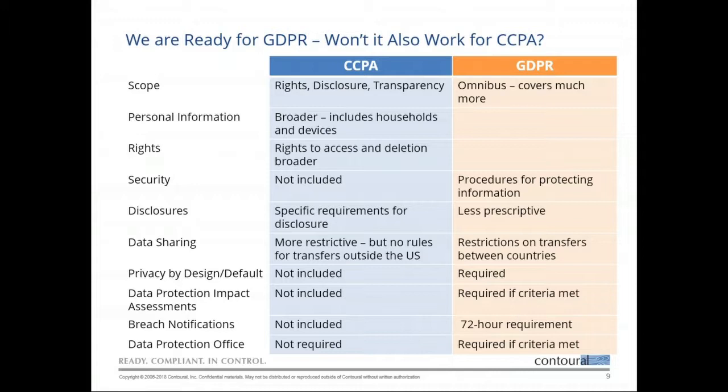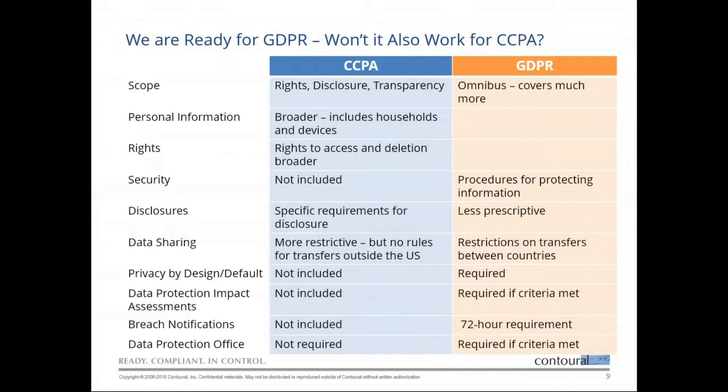The rights under California privacy are broader to access and deletion of information. Like I said, security is not included in the California Act, where GDPR really has procedures around how to protect the information and how to make sure that an organization is implementing privacy by design rather than reacting to it.